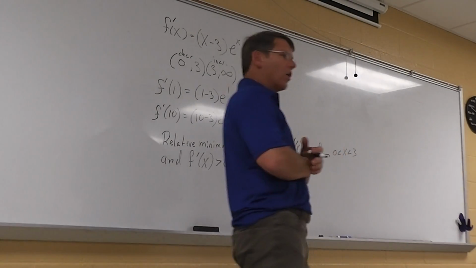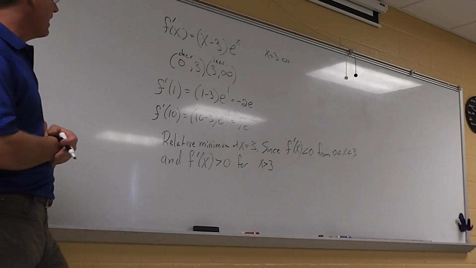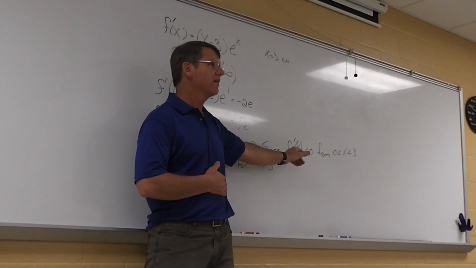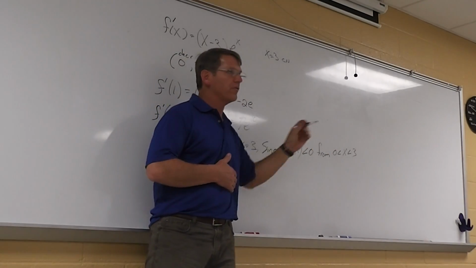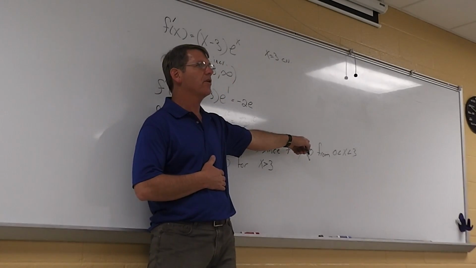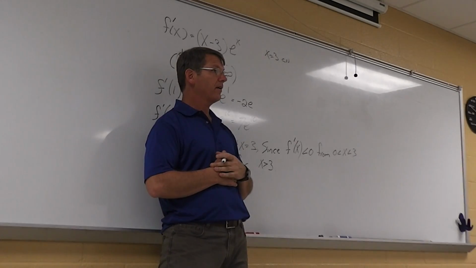That is our global argument. That's my justification. I've got to say that I know that the derivative for every single x is negative on the interval 0, 3. Whether you use that inequality notation or you actually say on the open interval 0, 3.